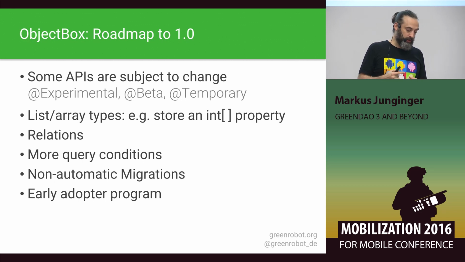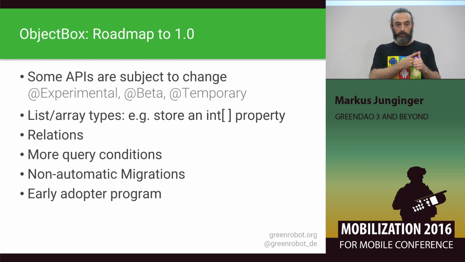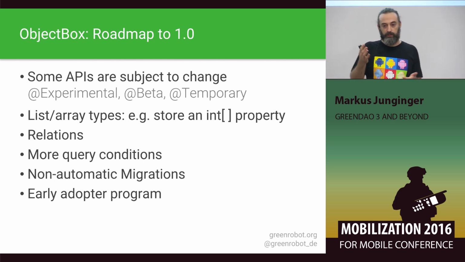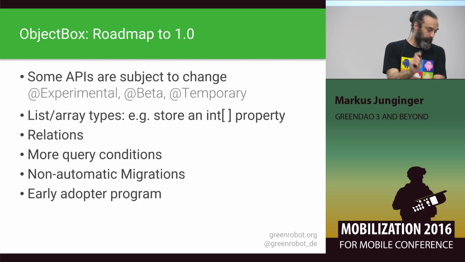And also migrations. Right now, if you add properties or entities, it's done automatically. But if you rename stuff, ObjectBox doesn't know if it's just a rename or a remove and add. So there's some stuff you need to provide.